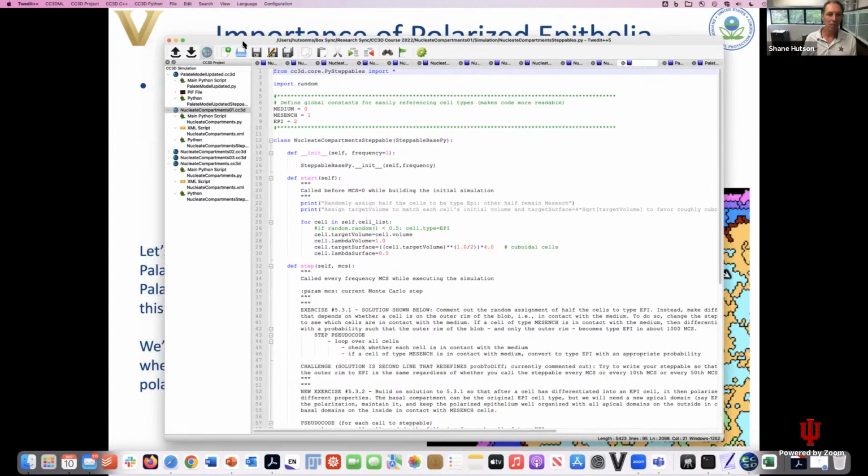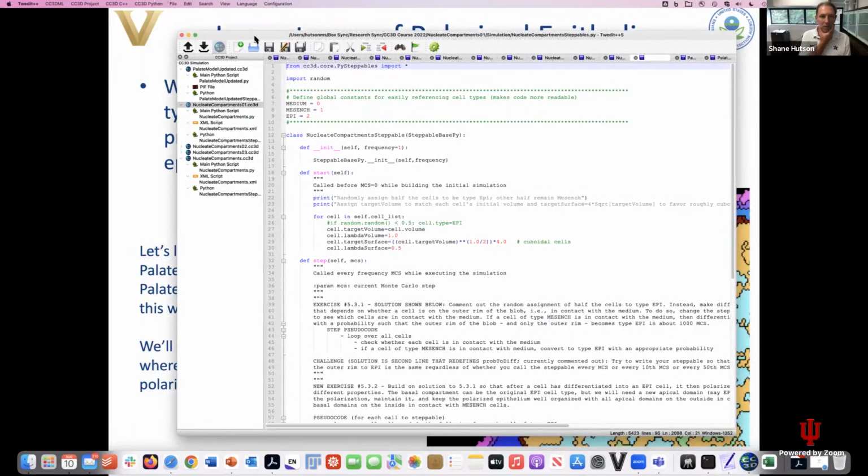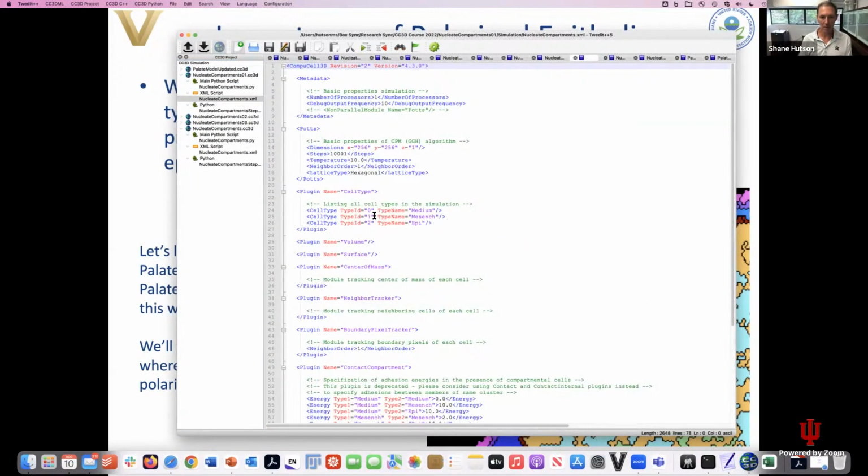All right. So let's see. I will start with this NucleateCompartments1.cc3d project here. And I'll give you a little bit of a tour of what's in this. This uses a combination of XML and Python. There is an XML script for it. I'll open that up here.